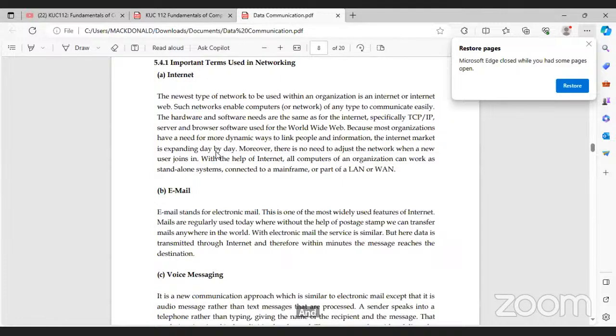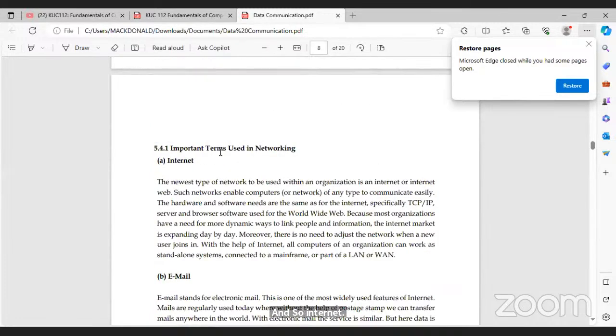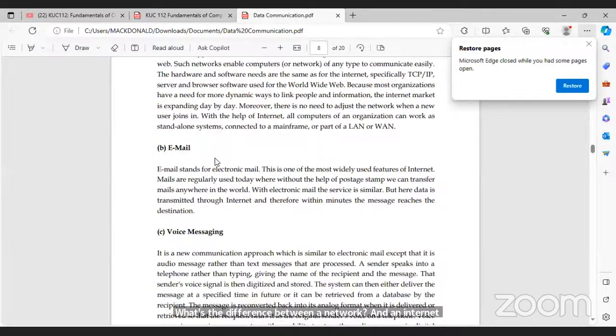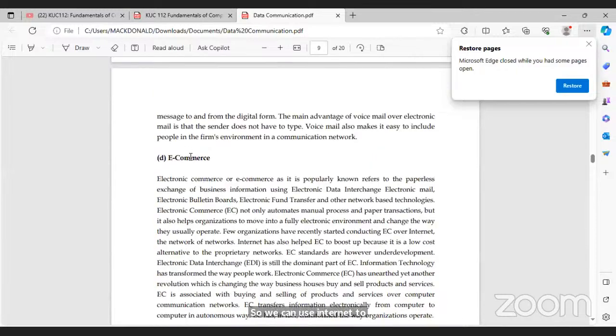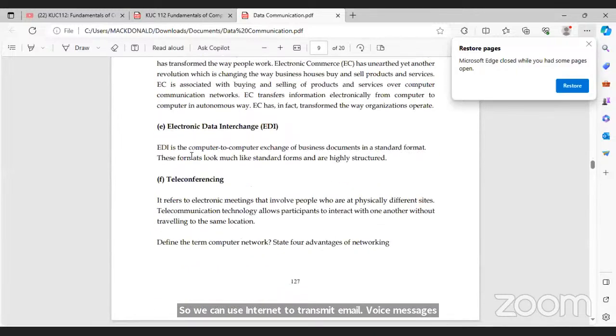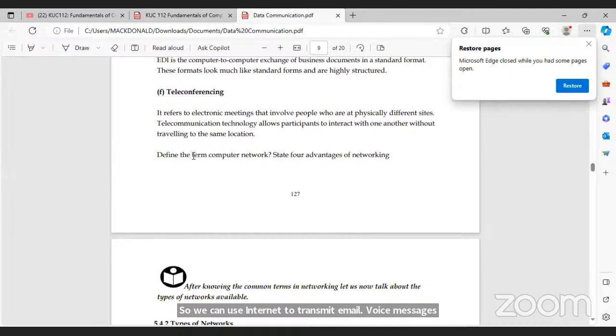Maybe someone can ask you, what's the difference between a network and an internet? We can use the internet to transmit email, voice messages, to do e-commerce, and teleconferencing, the way we are doing now through Zoom.